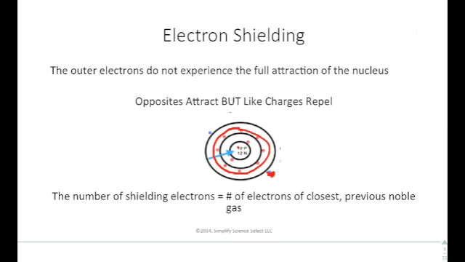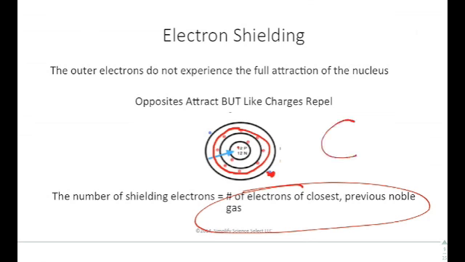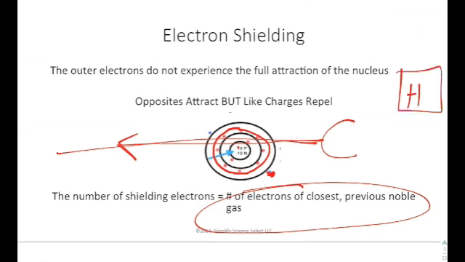Shielding electrons are the number of electrons in the closest previous noble gas. For example, if I'm in carbon, I go left and then come up to the previous noble gas, which would be helium. So the number of shielding electrons that carbon has is 2, because that's how many electrons there are in helium.